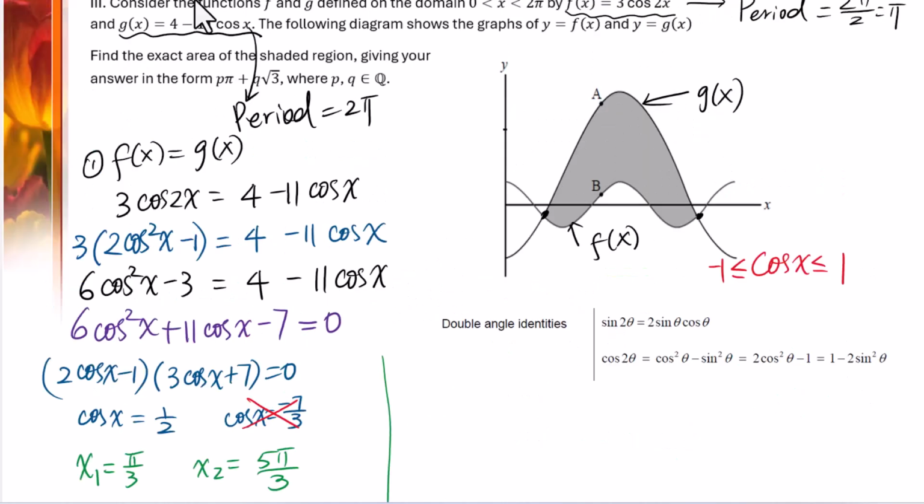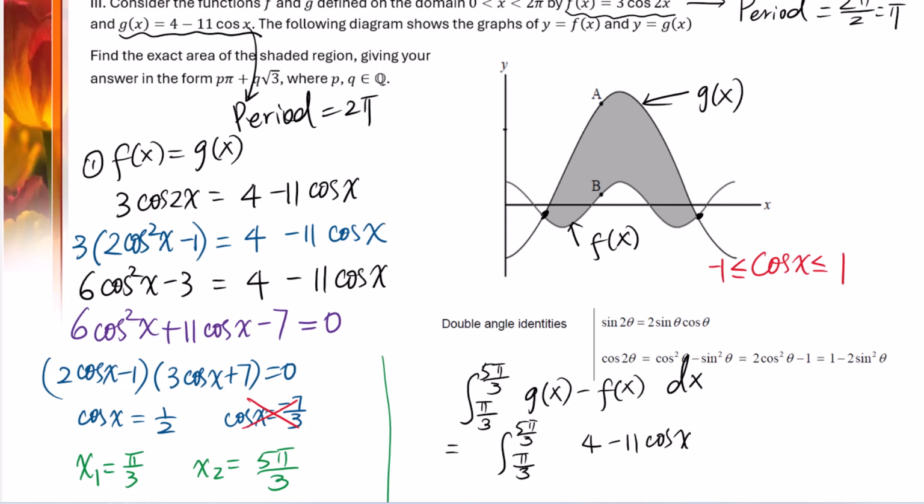Now we will work out the integral from pi over 3 to 5 pi over 3 of g of x minus f of x dx. G of x is 4 minus 11 cosine x, minus 3 cosine 2x dx.